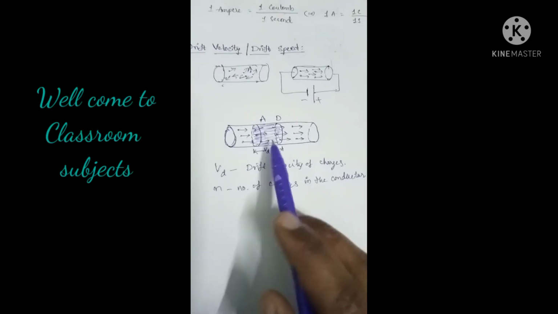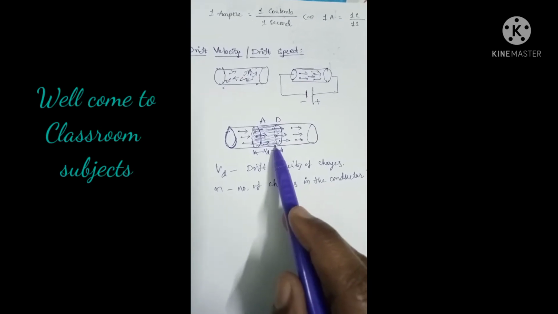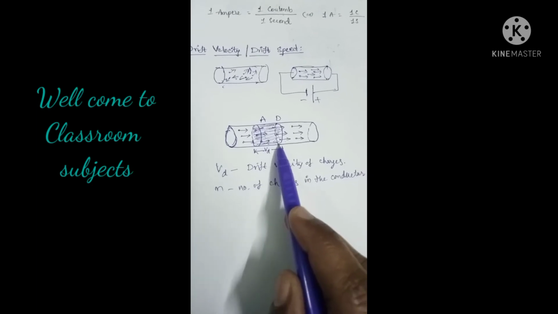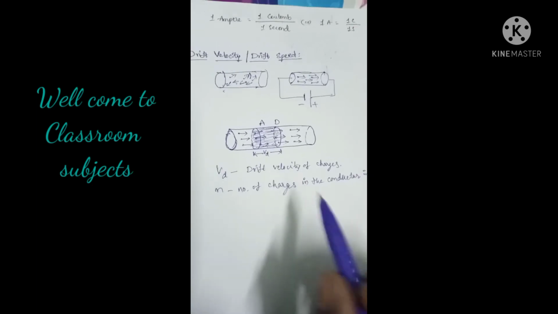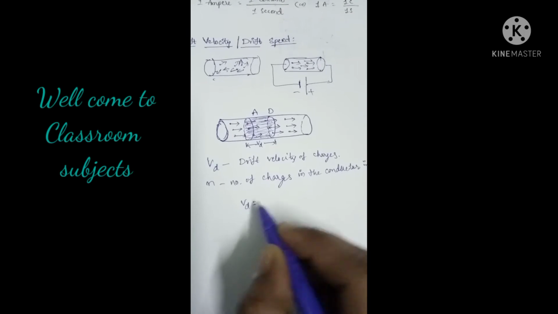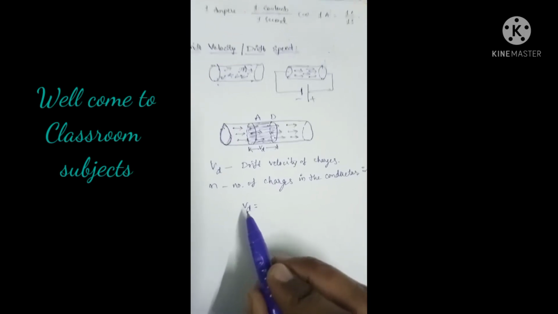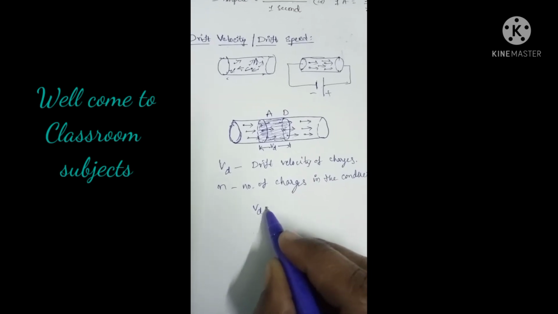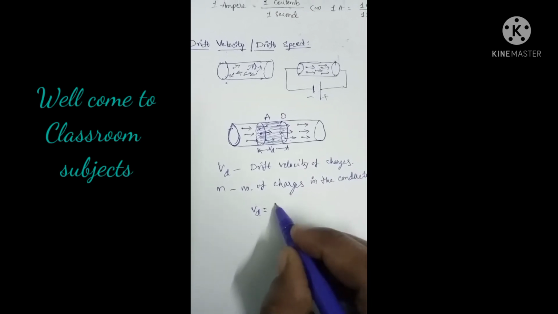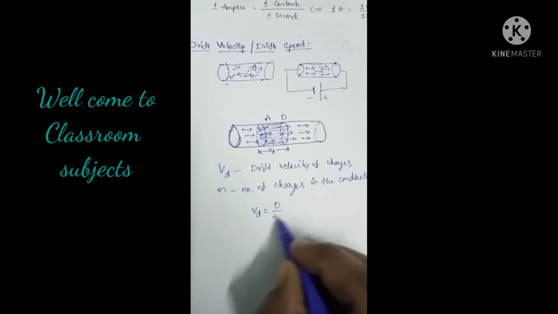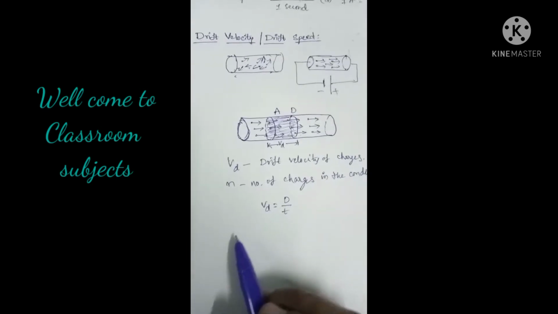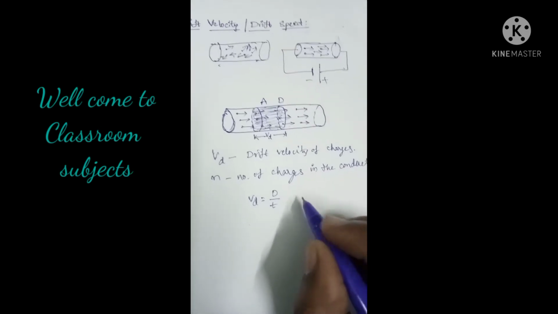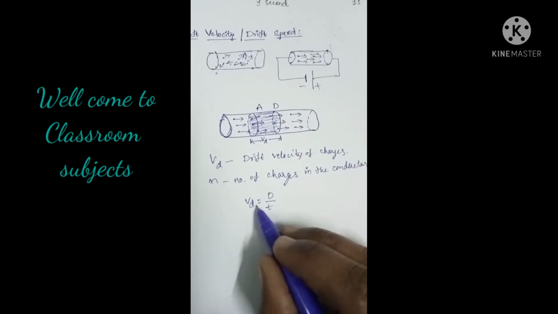Then the distance covered by one charge in 1 second is Vd. We know that Vd is nothing but drift velocity, and a drift velocity or any velocity is defined as distance by time, right? So the distance covered by one charge is Vd.